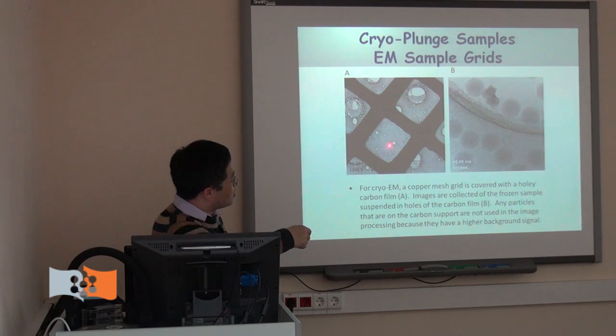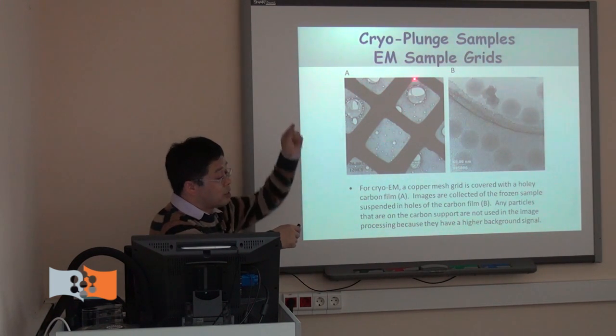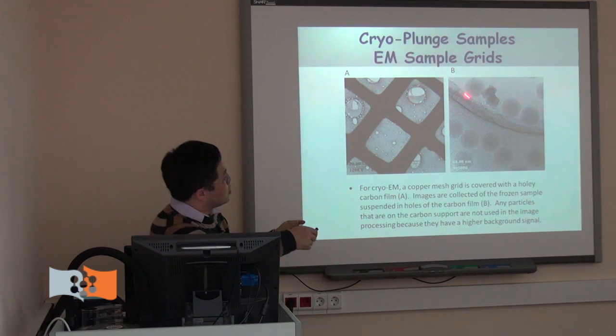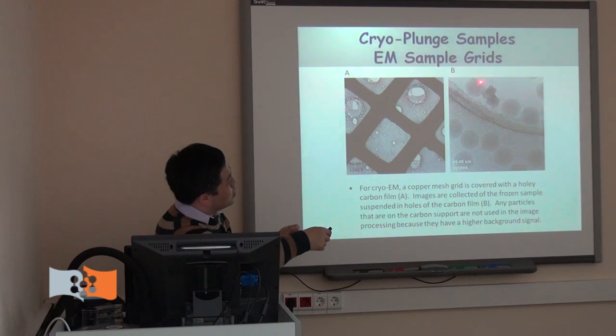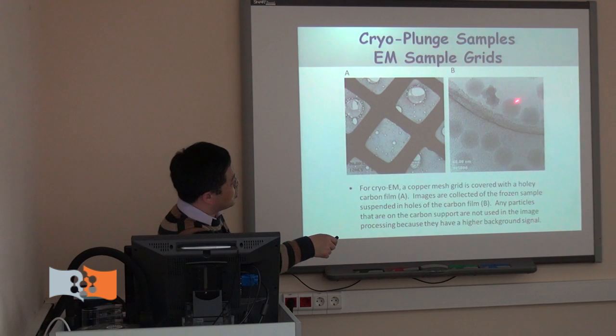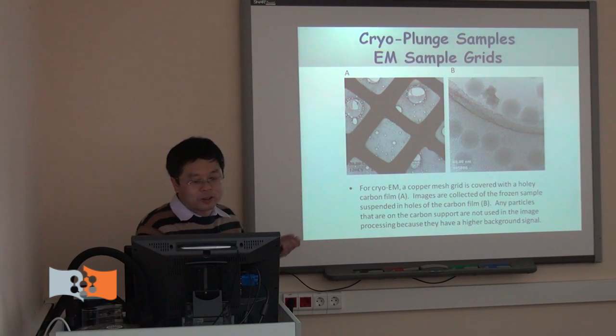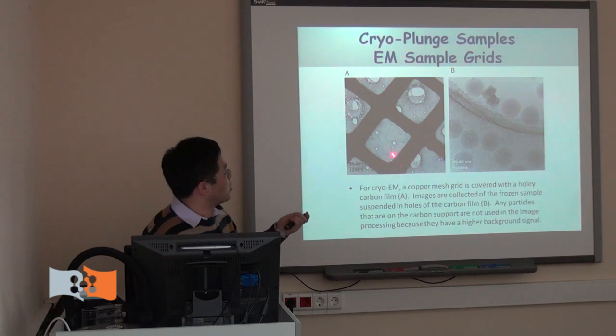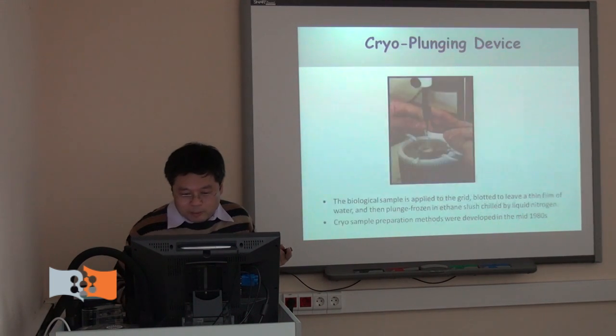In these holes there is a thin layer of your sample, so you get some thin ice here. This is what it looks like. This is the old EM grid, but now we have an enhanced one with very regularly placed holes on the surface. So this is the EM grid we get.